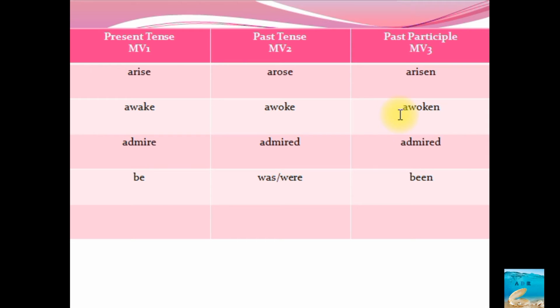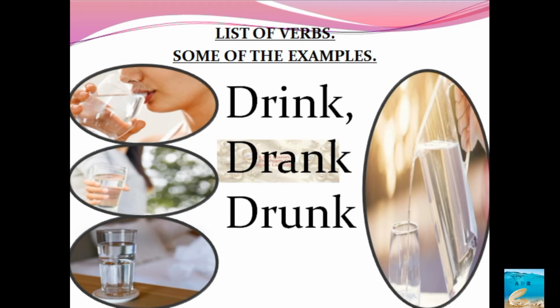Some of the students have asked me, Miss, when we have past tense, why do we require past participle? See, these three are different categories, different columns, but they have the basic root of one unique word. I hope you are getting my point.